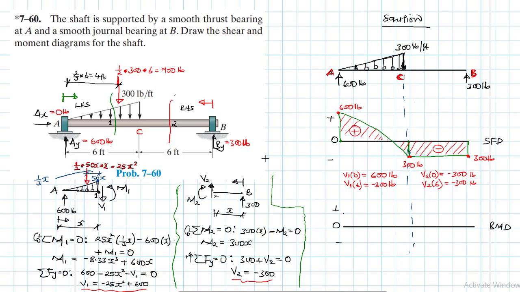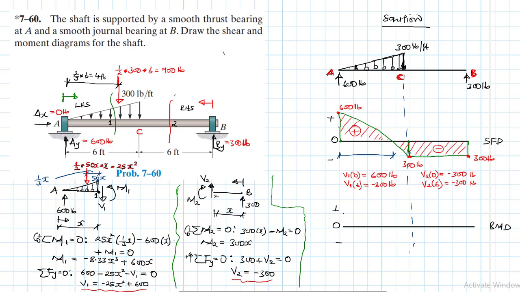So we are also going to need to find this length where we have shear equal to 0. This is where this function cuts the x-axis.